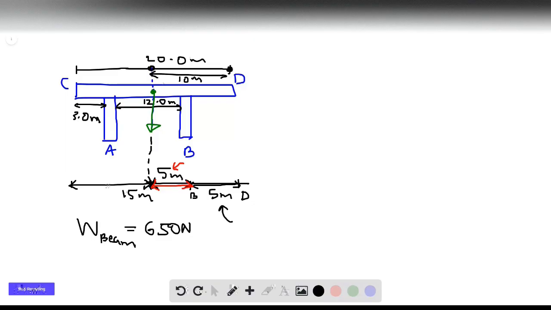And so the first part of the problem is that we want to find the maximum weight of someone. Let's say someone stands right here at D. So we have a character that stands at D. We want to find the maximum weight acting downwards, we're going to call that W max.